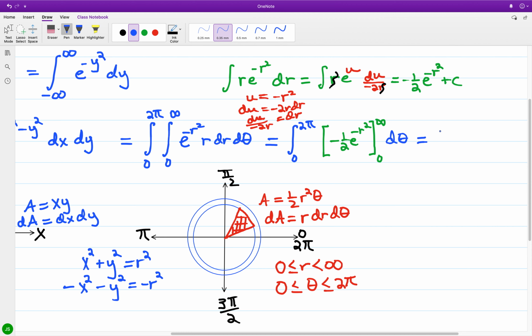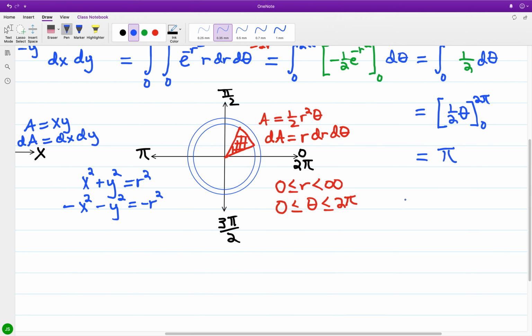So for the inside, it's going to come out to a positive 1/2. So I have from 0 to 2 pi of 1/2 d theta. The antiderivative comes out to 1/2 of theta, as theta goes from 0 to 2 pi, and the end result comes out to pi.